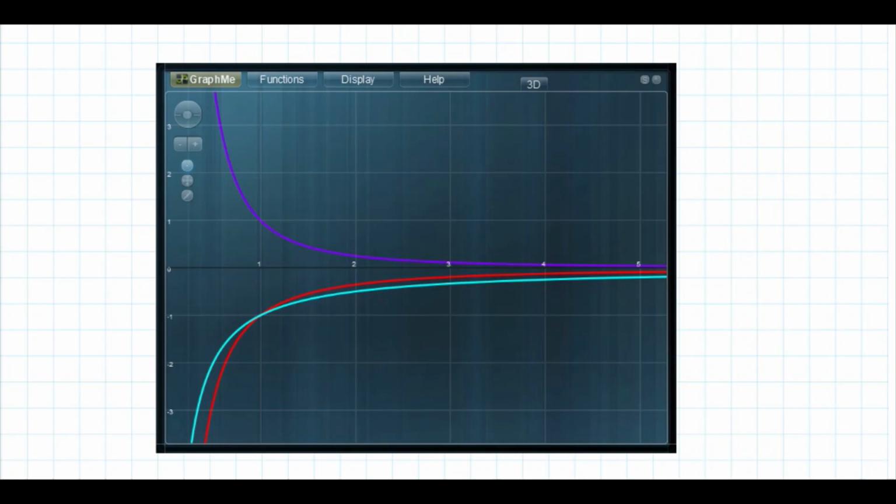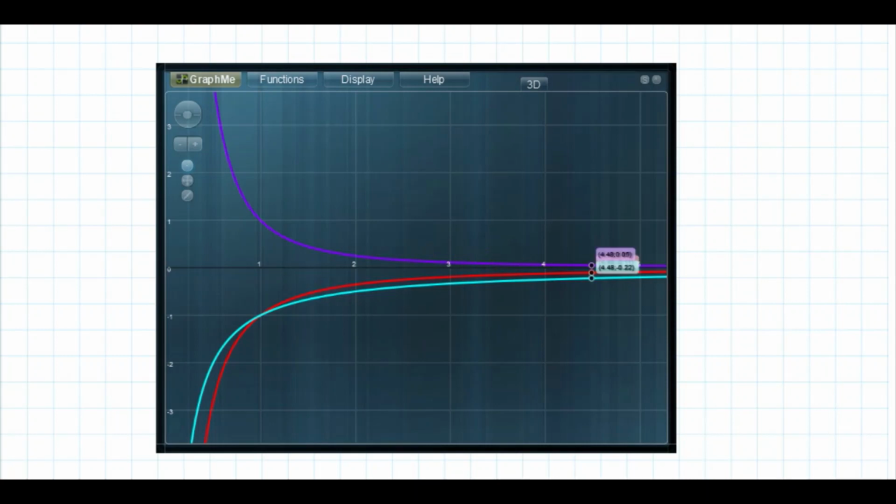You can see that this black line is the 0 line, and as r tends to infinity, this violet tends to the 0 line faster compared to this light green one. And this red one is 1 by r raised to 1.2. In that case, it is again slower compared to 1 by r square.